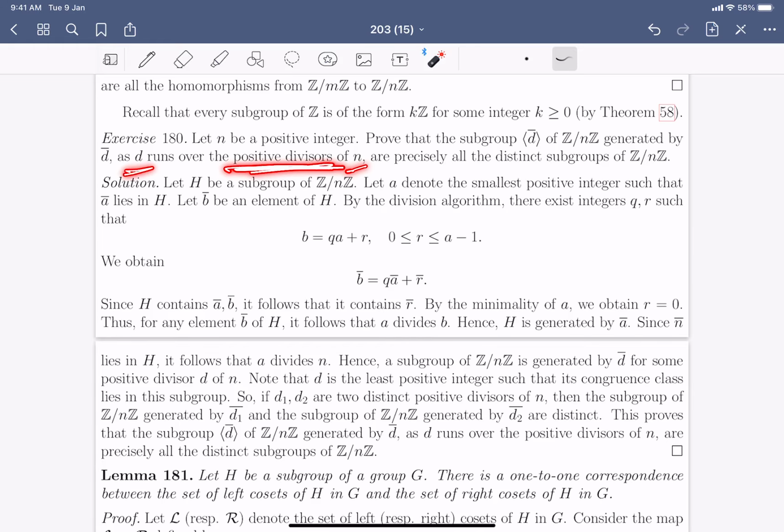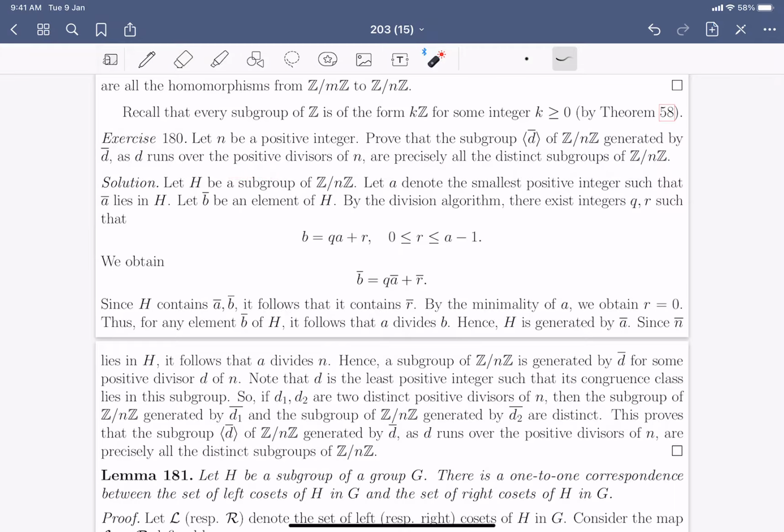So if you take a positive divisor d of n, then look at the subgroup of Z mod nZ generated by the congruence class of the integer d, and you get all the distinct subgroups of Z mod nZ. Here you need to run d over the set of all positive divisors of n.